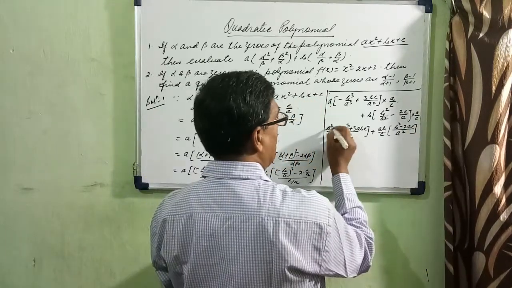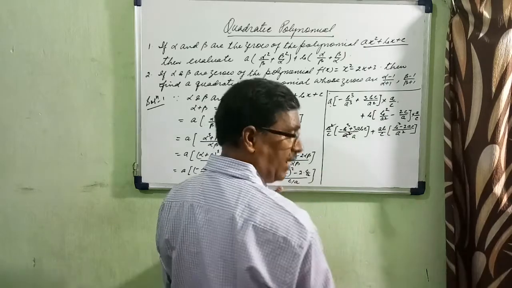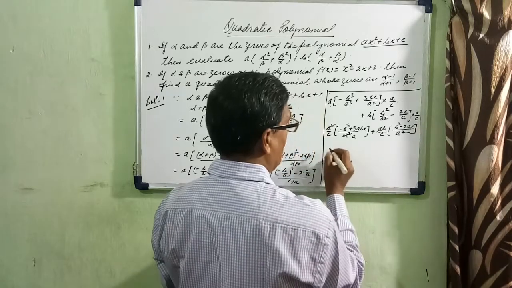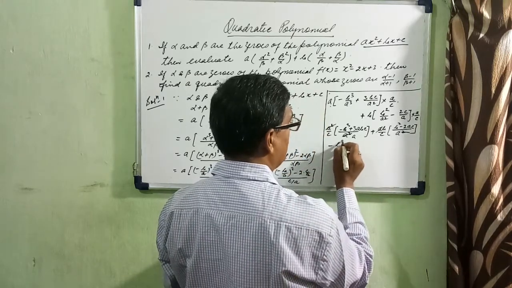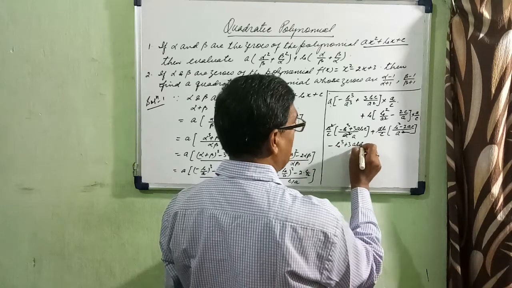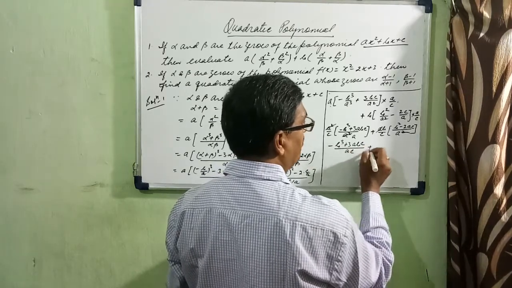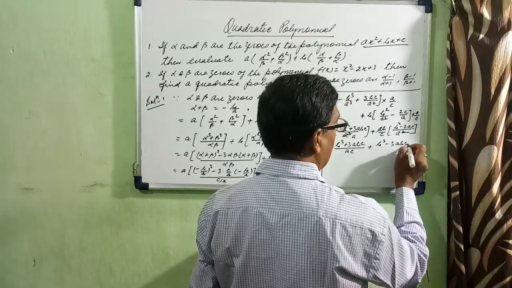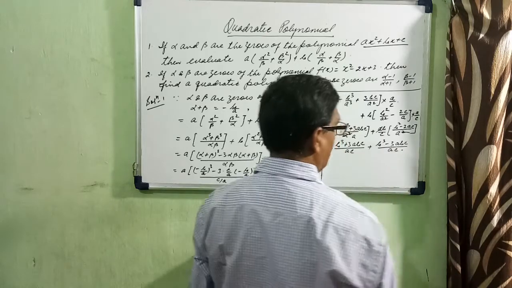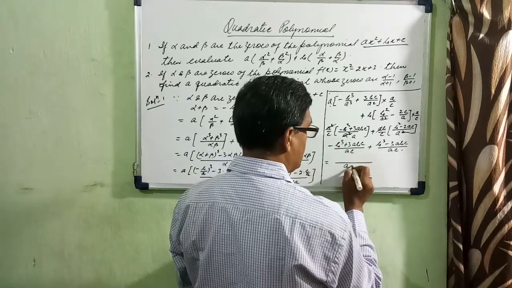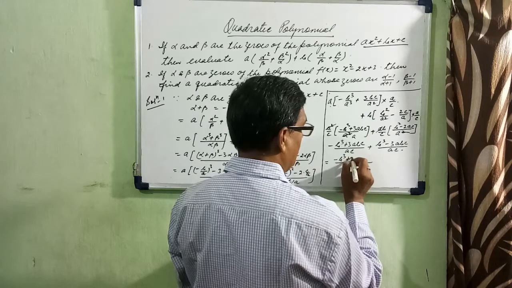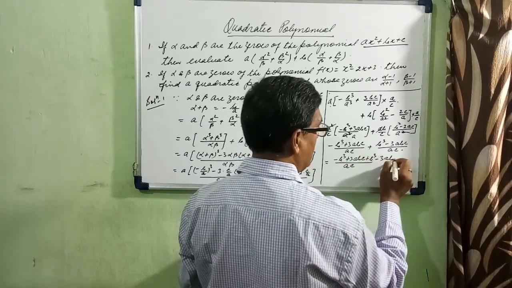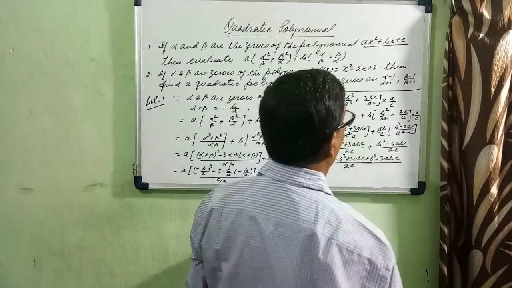Now this a square will cancel with a cube, so a is left, and this a and a cancel. What is left then? Minus b cube plus 3abc divided by ac, plus b cube minus 3abc divided by ac. What is the LCM? ac, minus b cube plus 3abc plus b cube minus 3abc.